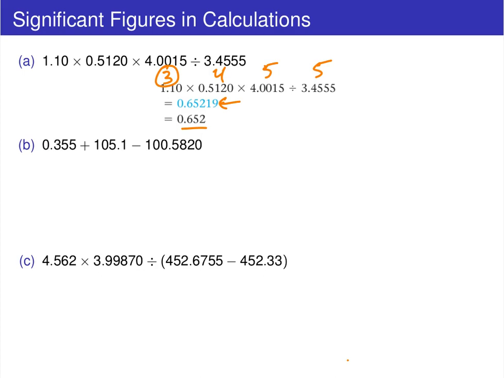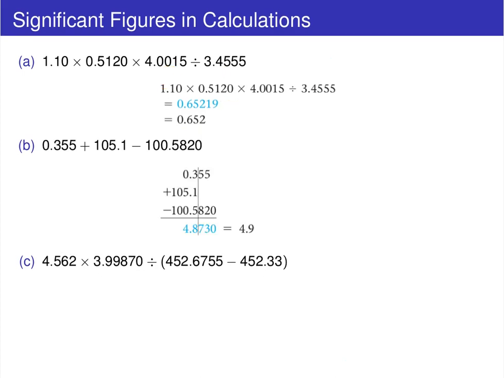Now, turning our attention to the next example, it involves addition and subtraction. Early on, I encourage you guys, if you're having trouble with it, go ahead and set it up this way where you line up the decimal point and carry out the additions and subtractions. And remember, we're going to be focusing on the decimal point and the number of decimal places.